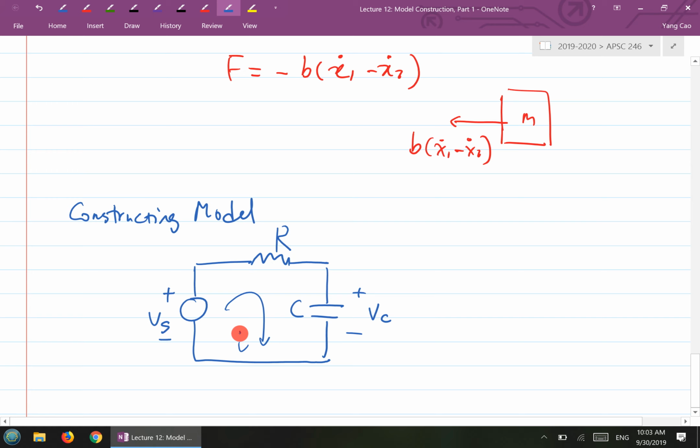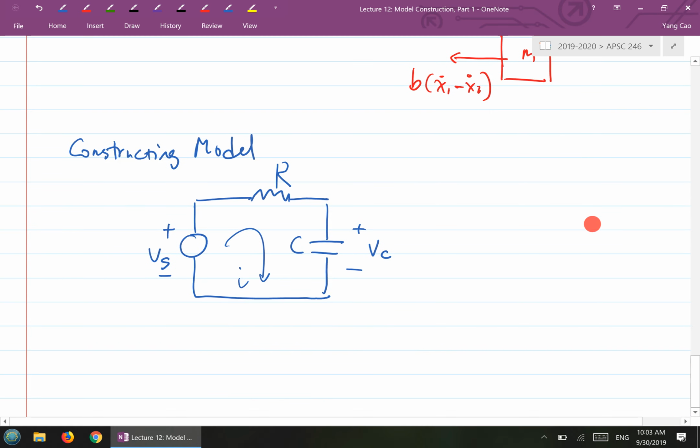You must be learning this in 255 right now, I believe. You probably learned a little bit in 178. Not sure. But this is called an RC circuit.